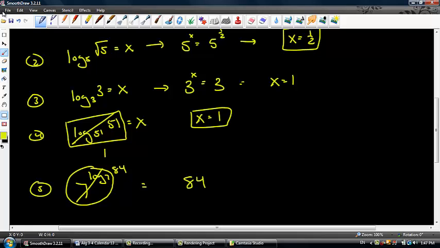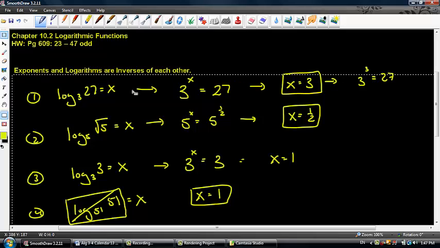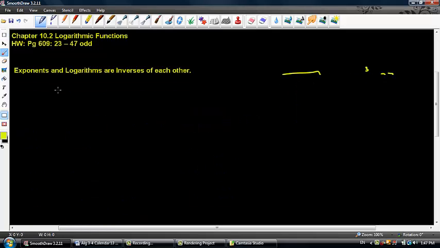Let's up it a notch a little bit with some more tricky equations. If I say, like number 6 here, log base 8 of 3x minus 1 equals log base 8 of 2x squared. Well, here's the thing, I can go ahead and change forms here.